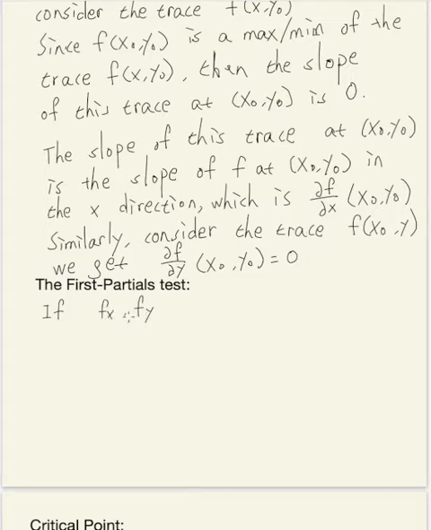These are the simplified notation for the partial derivatives, if they exist, first of all, at the point x naught, y naught. That means the derivative exists at this particular point, or the derivatives are defined at this particular point.